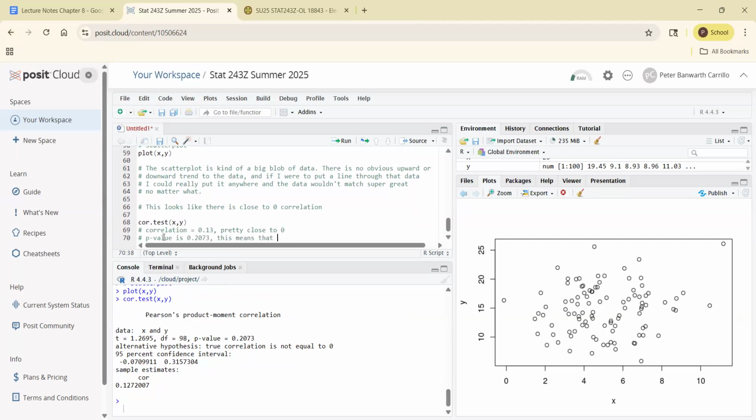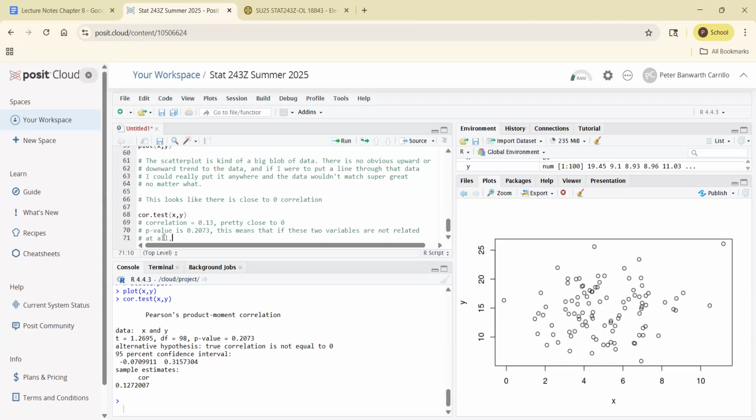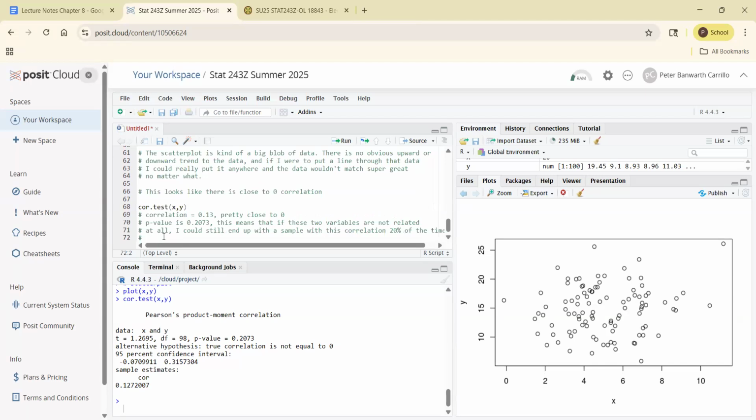This means that if these two variables are not related at all, I could still end up with a sample with this correlation 20% of the time, which is not strong evidence that these variables are correlated.